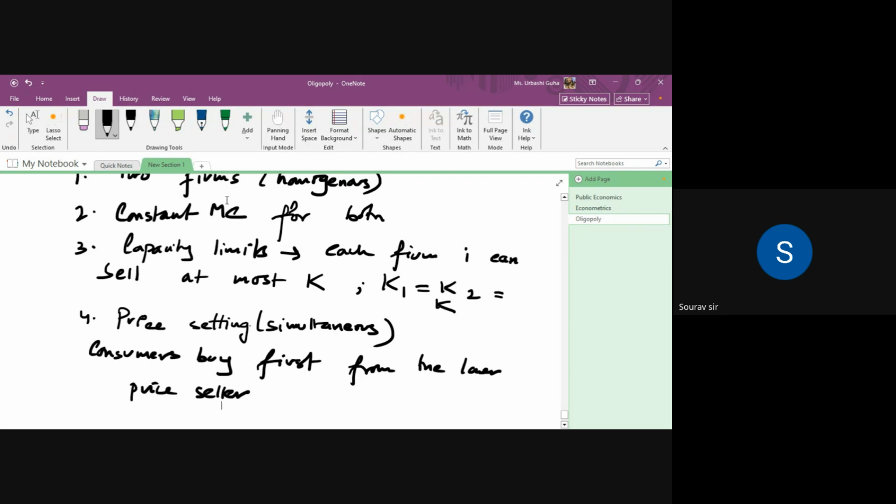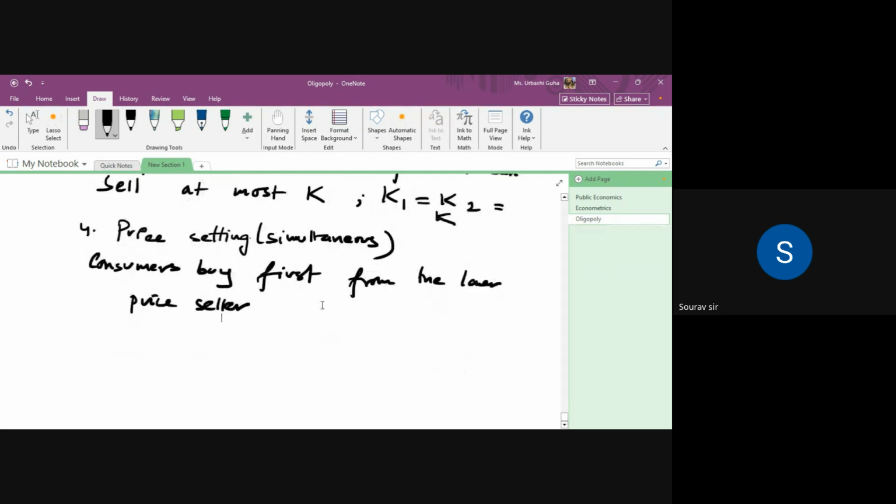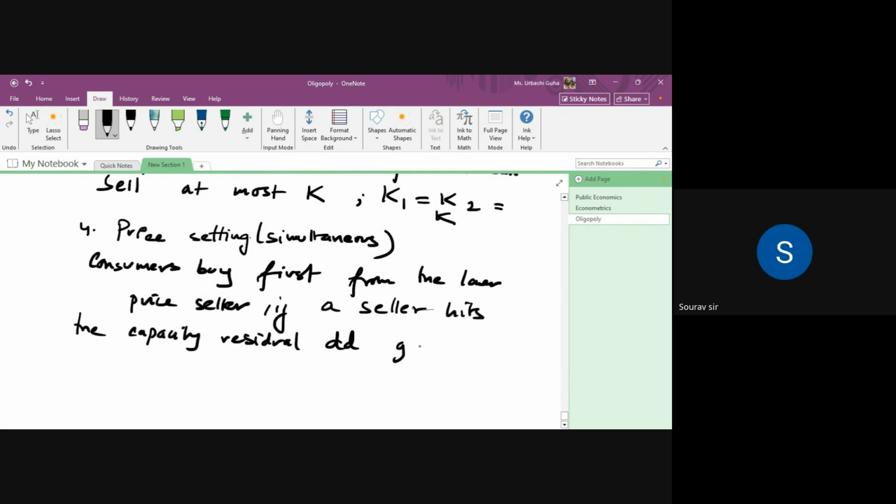And if a seller hits the capacity, then what will happen? The residual demand goes to the higher price seller. Okay, goes to the higher price seller.